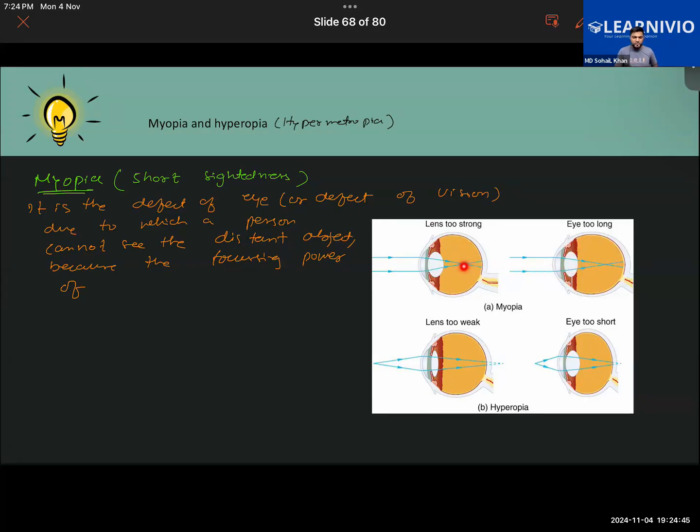Because of these, the rays of light are not focused on the retina; they are focused before the retina. So these are the major causes for a person to suffer from myopia. Getting it? Yes, sir. So either the focusing power of the eye lens increases, or the eyeball elongates, basically becomes longer.